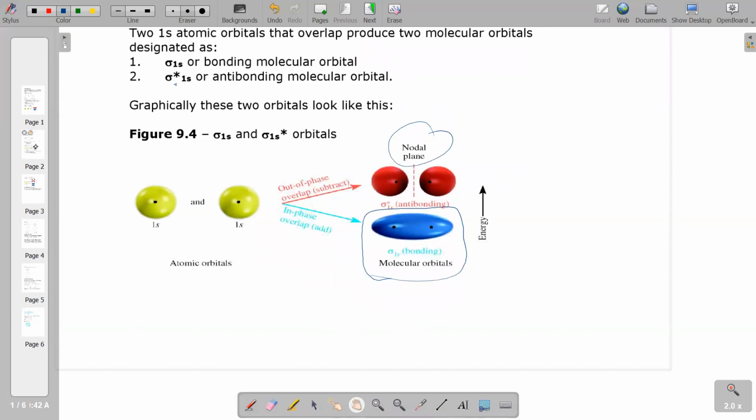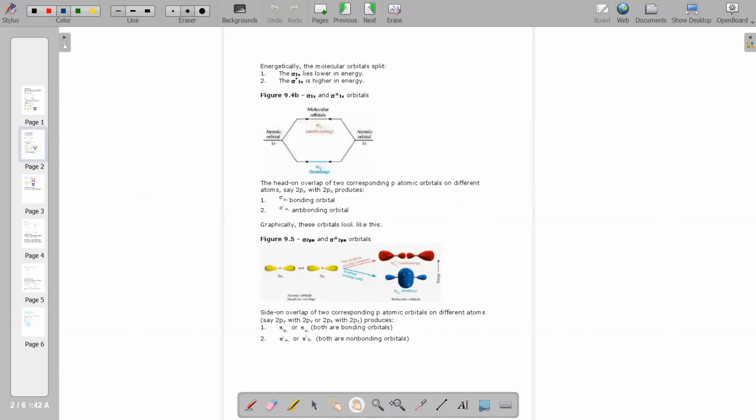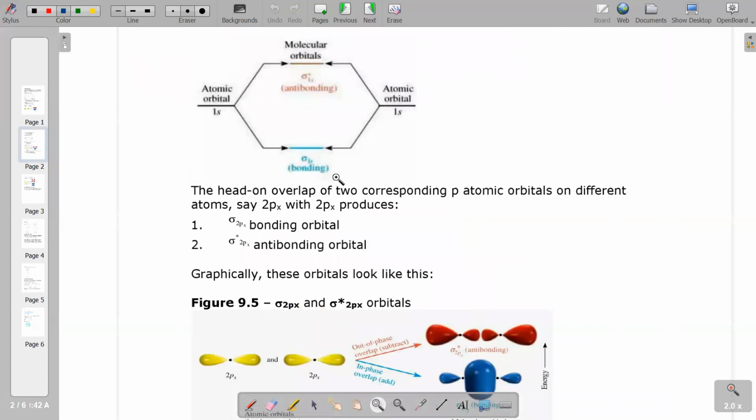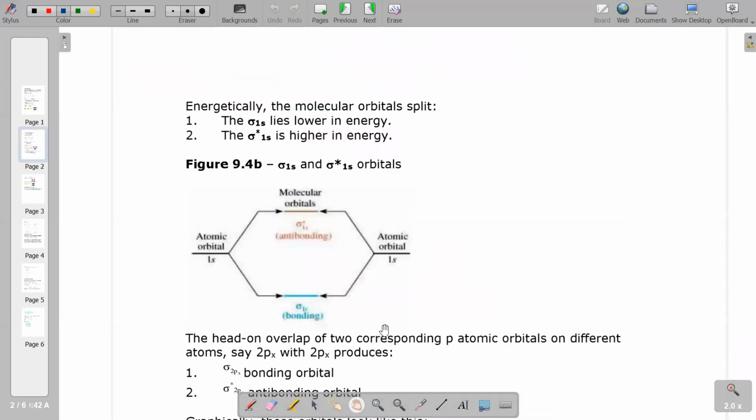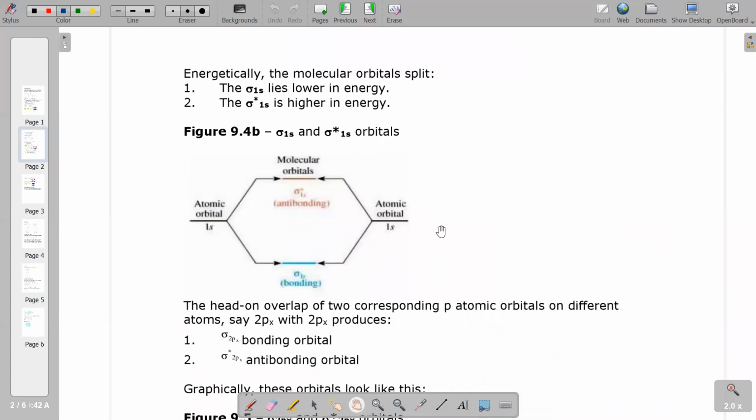So if we look at it for a 1s, sigma 1s lies at a lower energy, and sigma 1s star, the antibonding orbital, is at a higher energy. So if we look at that simply, where we have a 1s and another 1s, this is my sigma 1s and my sigma 1s star.